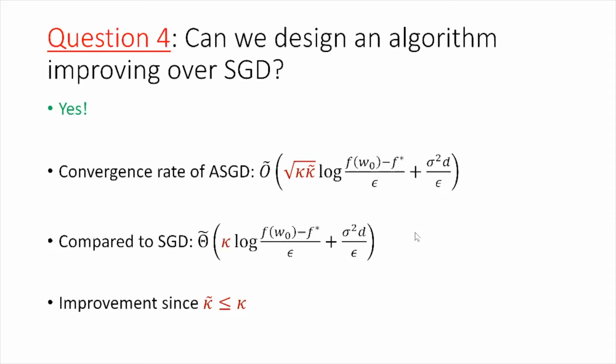For example, if you take the Gaussian distribution, kappa twiddle will always be equal to the dimension, and kappa can be arbitrarily large, by skewing the Hessian. That's correct. So kappa twiddle for Gaussians is always equal to the dimension.